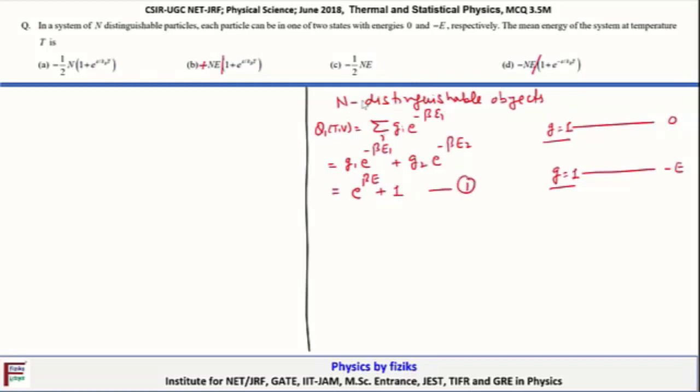Now the mean energy per particle, that is the average of E. Note that this is per particle.